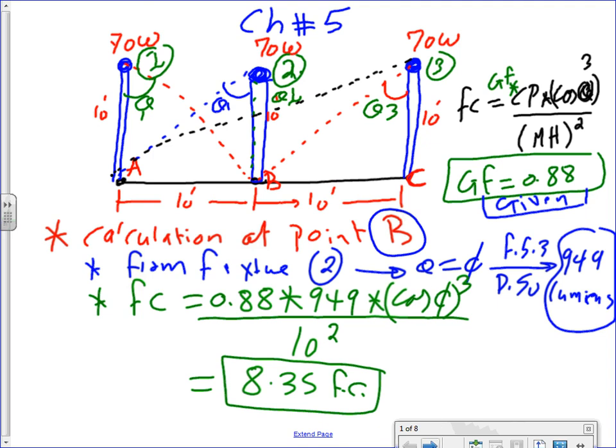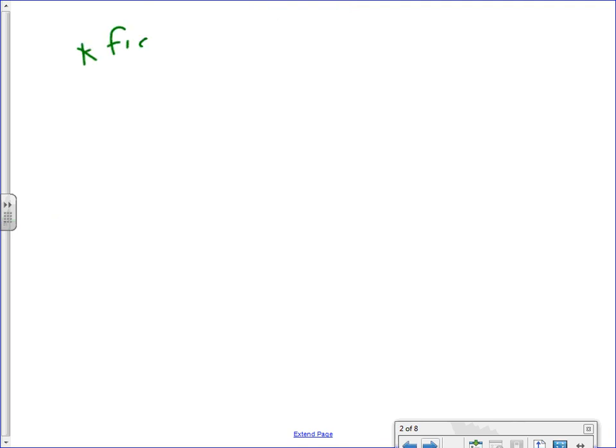So I'm going to go right here, guys, and see from fixture number 1, the angle. My angle is Q1, guys.